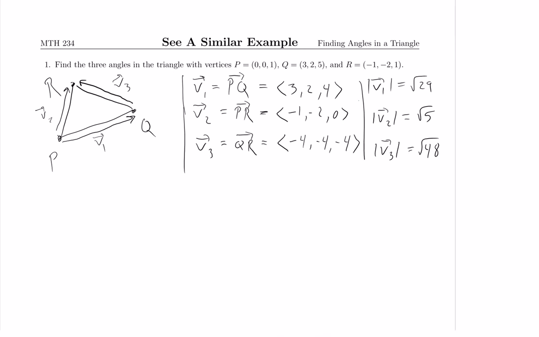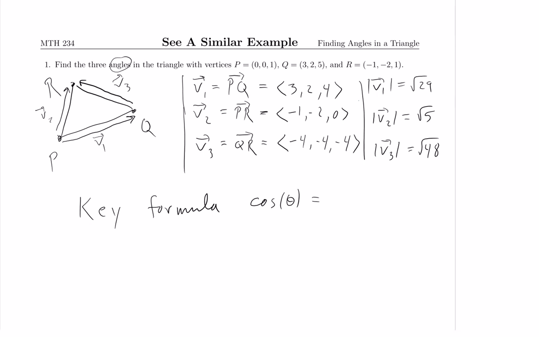Well, the key here is to use the formula that relates the angle between 2 vectors, which I'll call theta, with the dot product and the lengths of these vectors. So remember, the formula goes like this.